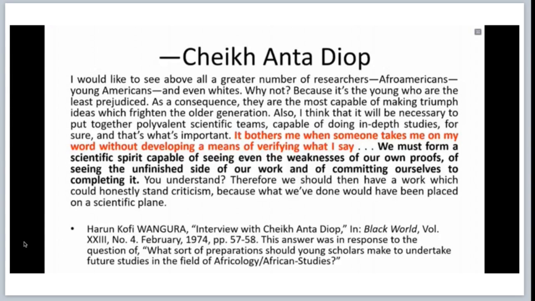We give the utmost respect to all these scholars, because when you're a real scientist, when you have the scientific spirit, as Diop says here, he says we must form a scientific spirit. When you actually have that scientific spirit that he's speaking about, you know how to proceed forward.